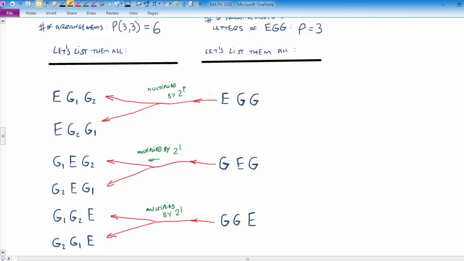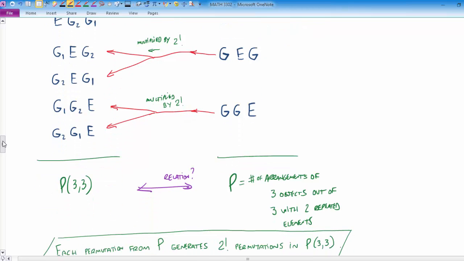And that's the relation, the 2 factorial. If we had 3 repeated letters, then it would be 3 factorial. If we had 4 identical letters, then each arrangement would yield 4 factorial on this side. And that is the relation between P(3,3) and the number of arrangements of 3 objects out of 3 with 2 elements that are repeated.